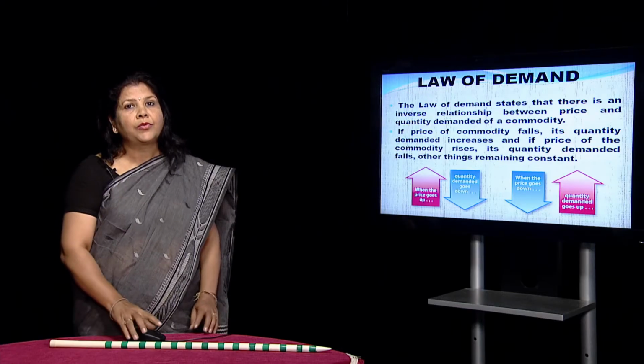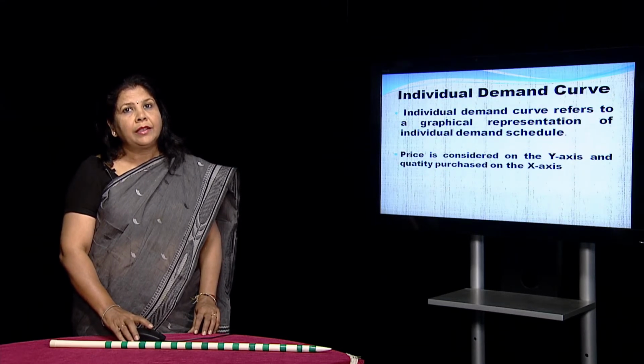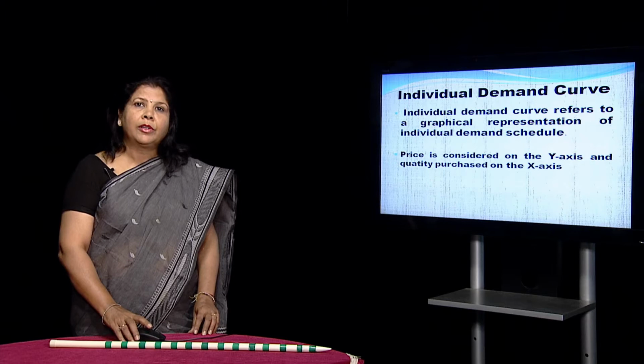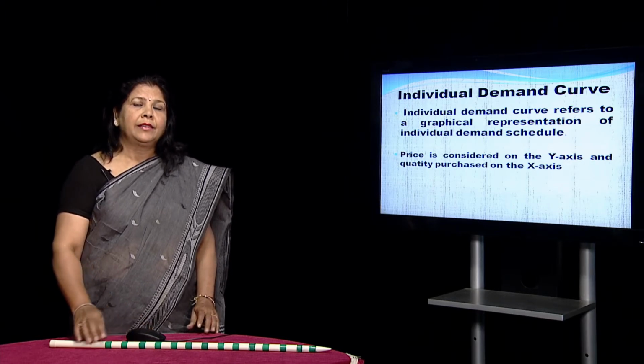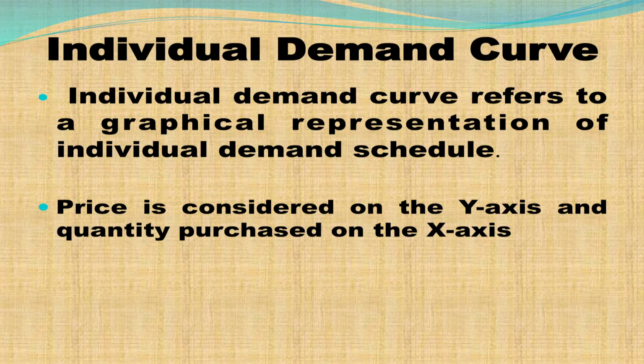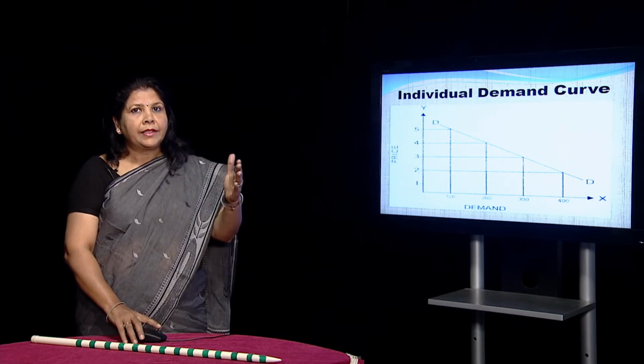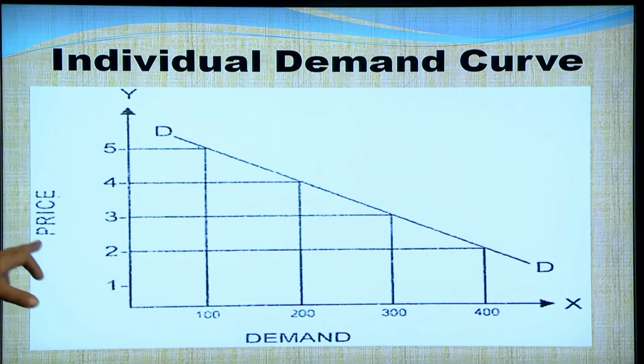This is what we mean by inverse relationship, and this relationship can also be plotted as an individual demand curve. The price is considered on the y-axis and quantity demanded or purchased on the x-axis. As shown here, price is on the y-axis and quantity demanded on the x-axis.